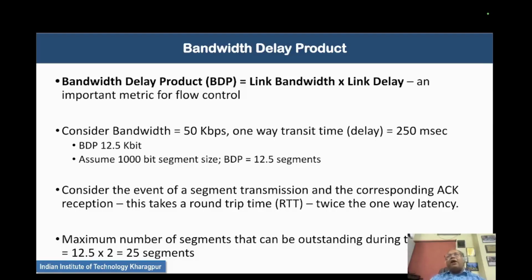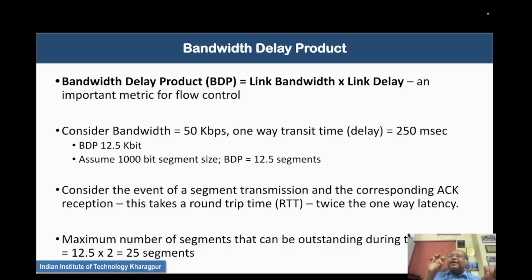If you think about your network as a pipe, and you want to find out the capacity of that pipe, think about any kind of water pipe. The capacity of the water pipe is typically the length multiplied by the cross section. Now if you map it to a network, your link bandwidth gives you the cross section of the pipe.